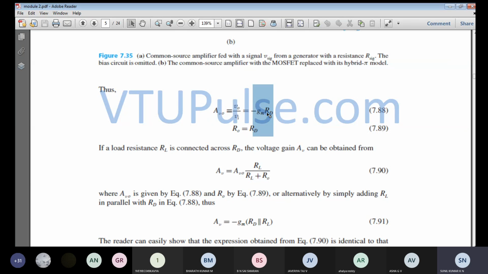In the first module, when we did the small signal model, we found the voltage gain, and the same thing we are going to find here.